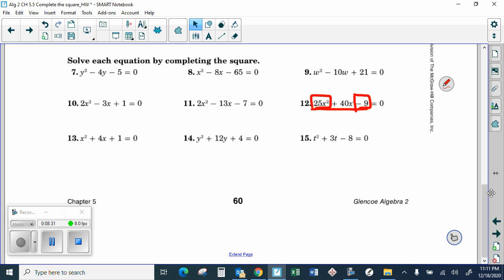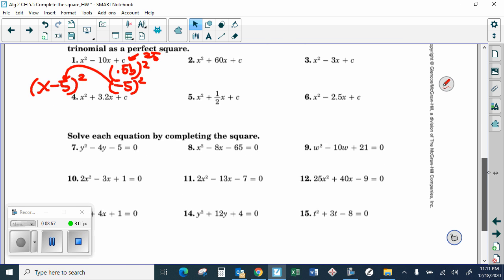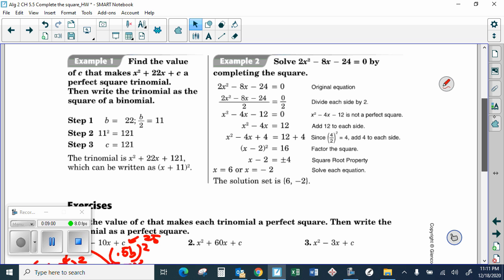So how would I check it? I take the square root of that, 5x, square root of 9. Hold on. I'm going to have to do a plus 9. Then it'd be whatever that term is there. Okay, so that's not going to work. If it was a plus 9, then I have plus 3 quantity squared.